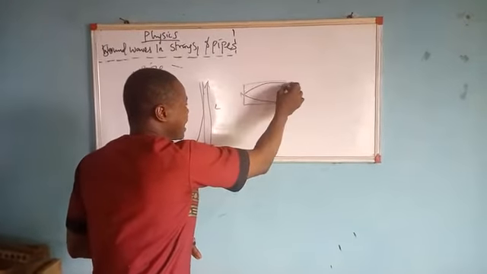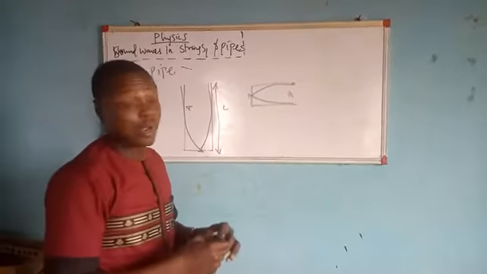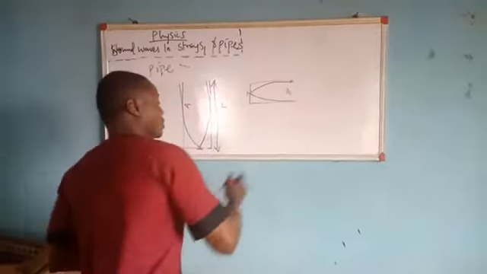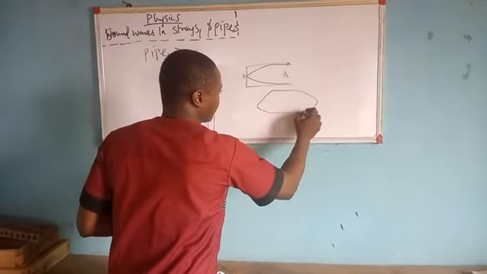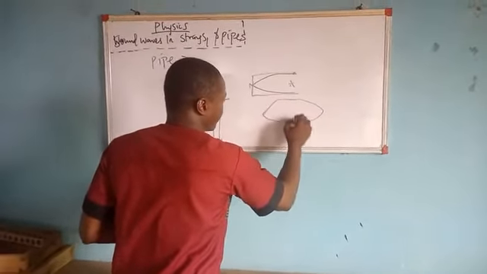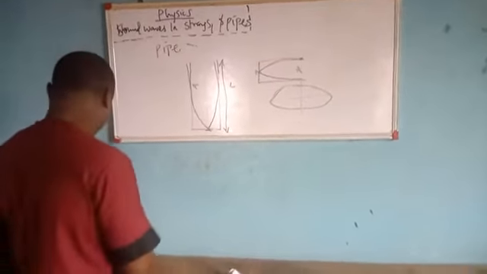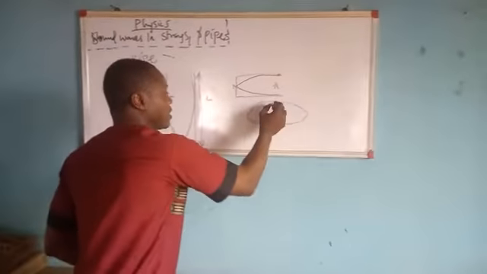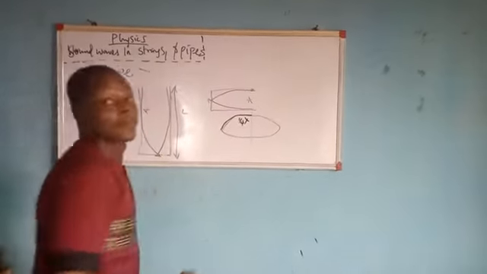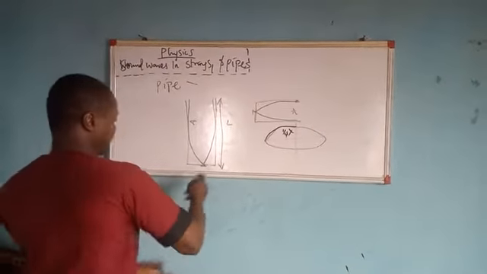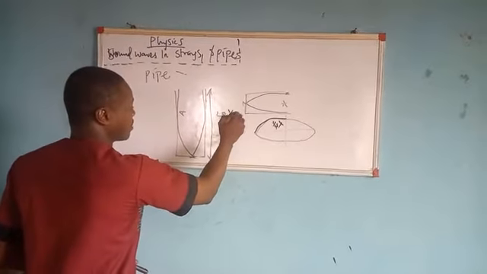So from here to here is 1/4 of a cycle, because the full cycle will be something like this. So here to here, we cut into 4. Which means the wavelength produced, just this part, is going to be 1/4 lambda. So that's why we can now say that the length of the air column is the same thing as 1/4 lambda.